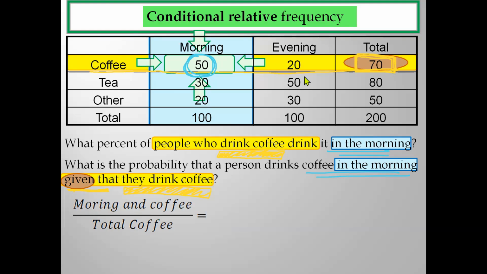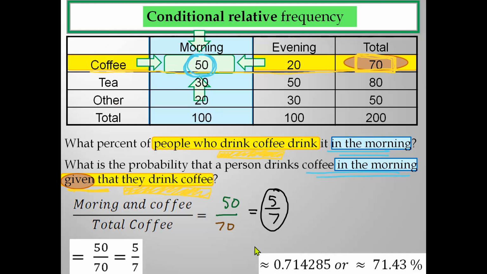That gives us 50 divided by our new total, which is 70, and we can simplify this as 5/7. We can leave our answer in this proportion form, or since they're asking us for percentages, we will continue simplifying using a calculator. Using a calculator, we'll be able to estimate our answer to be 71.43 percent.